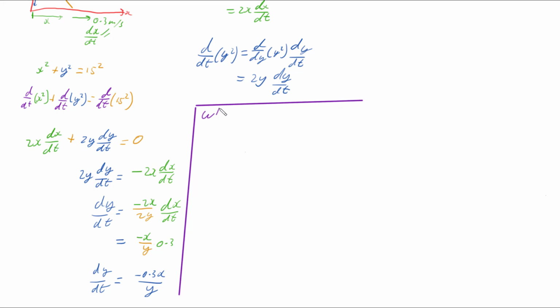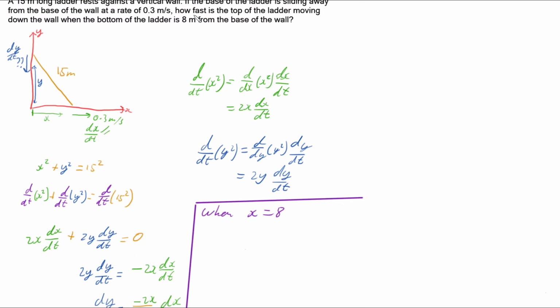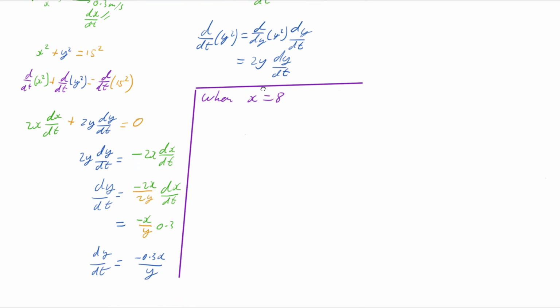So when x equals 8, which is what we want, when the bottom of the ladder is 8 meters from the wall, how fast is the top moving? Well, when x equals 8, we would substitute 8 into this rule for x, but I need to know y. So I need to go back to my equation, x squared plus y squared equals 15 squared, and substitute x equals 8 into this.